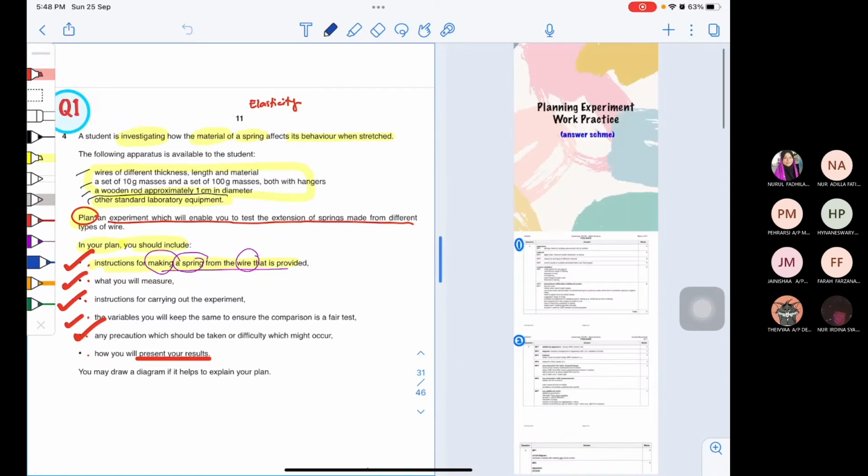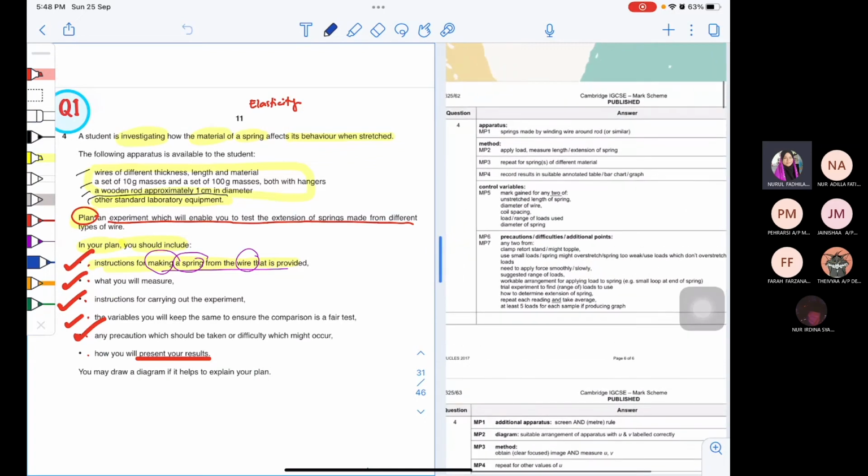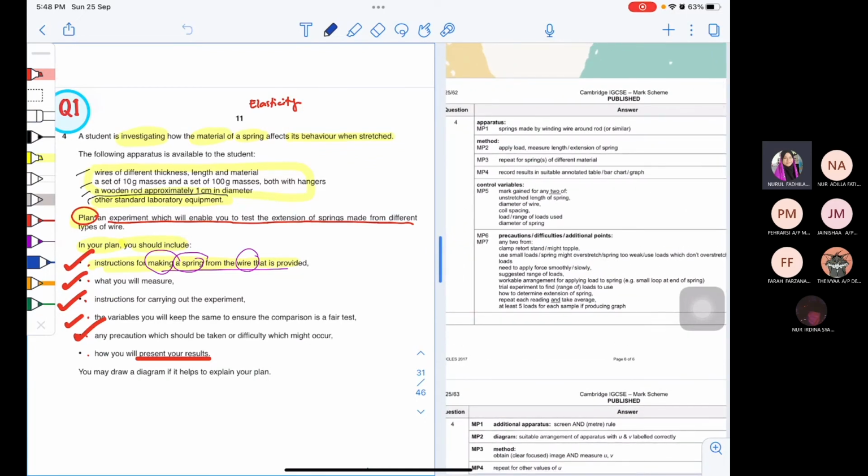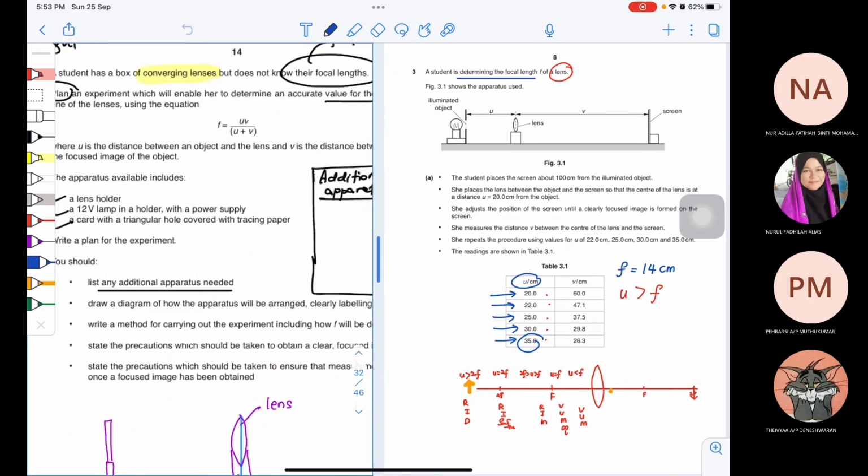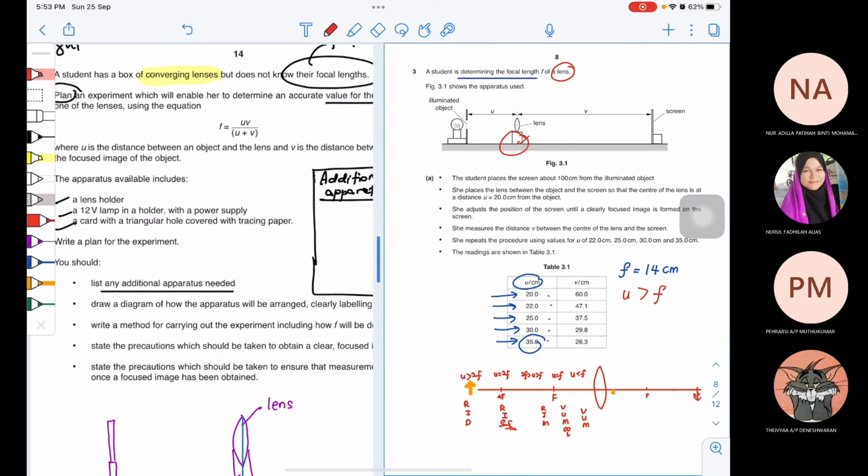When you get a question, first look at what the question wants. Here they give a lens holder, which you have used before. Check. Then a power supply, check. Then a lamp, check. A card with a triangular hole. So here the object is not an illuminated object, the hole is triangular in shape. Don't not know what that is. What is not written there, but is very important?